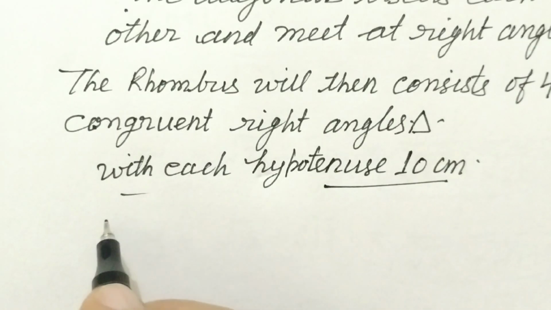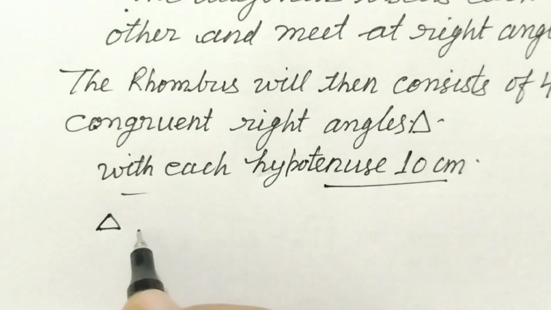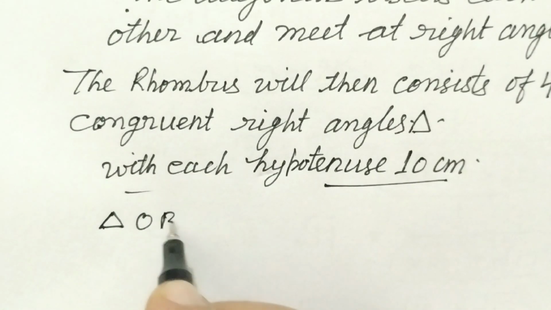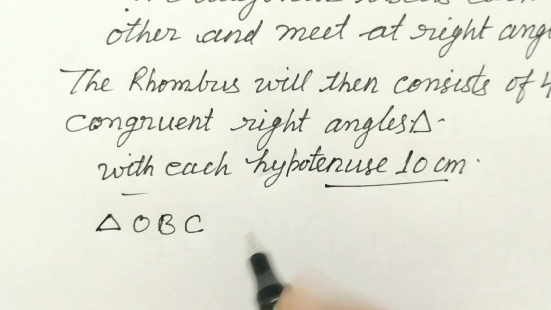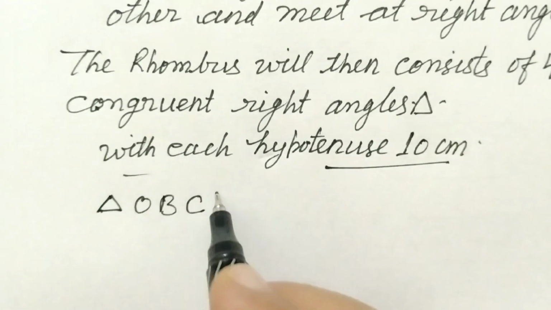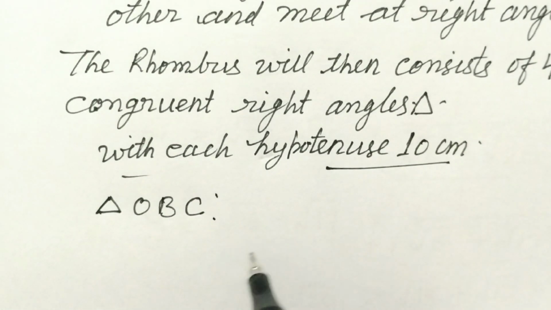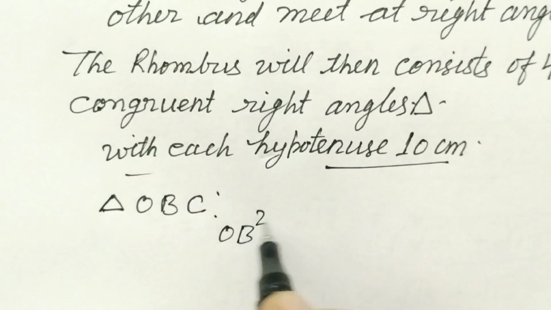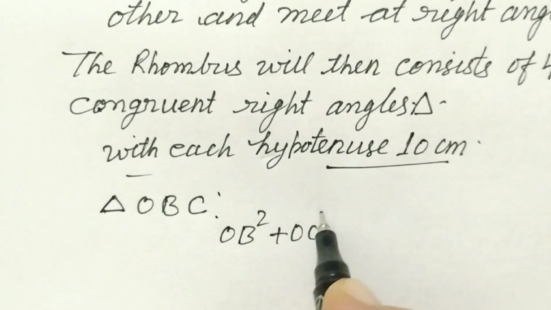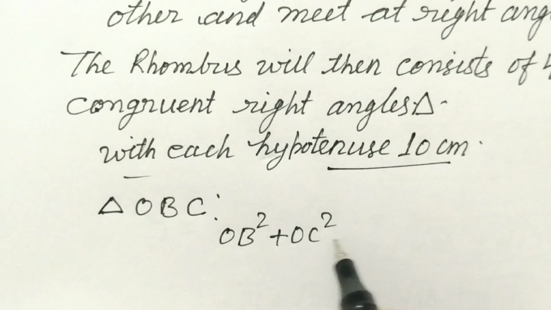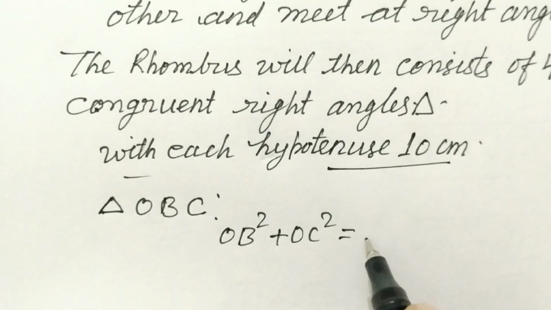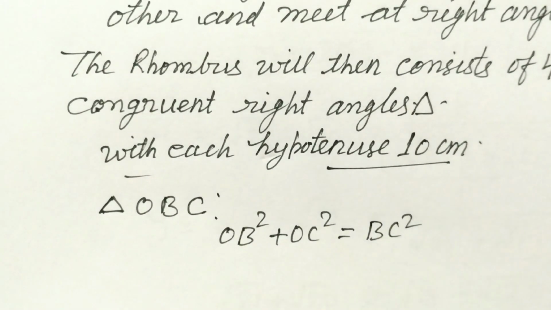Now if we take triangle OBC, using the Pythagoras theorem, OB square plus OC square is equal to BC square.